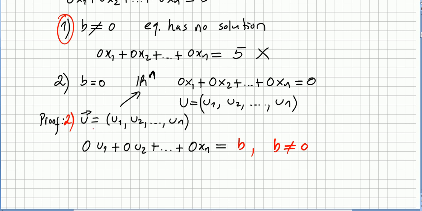The definition of a vector is u1, u2, un. You put u1 here, u2, so 0 times u1 plus 0 times u2, etc., plus 0 times xn will never be b. So there is no solution for this degenerate linear equation, and that concludes the proof.